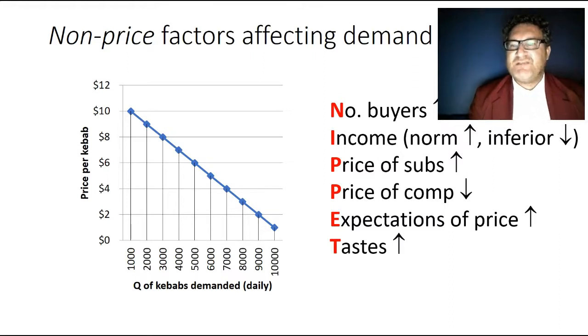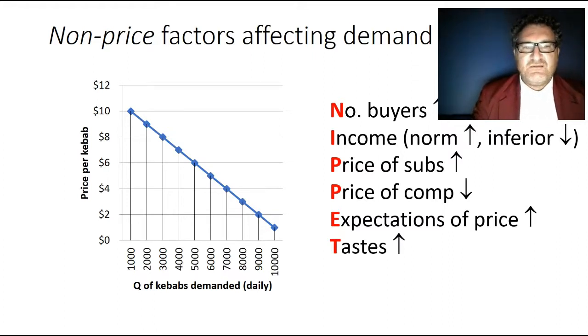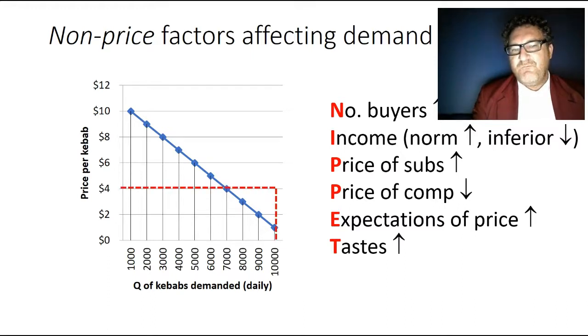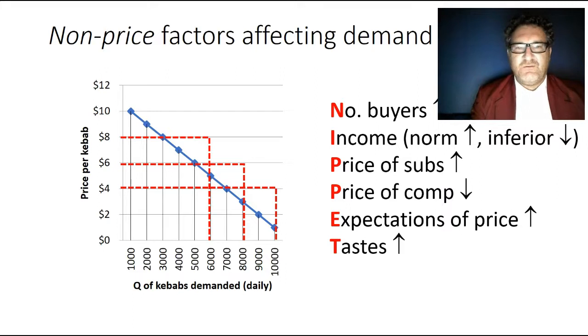So how do we represent that graphically? Well, if the price were $4, they'd buy more than they were willing and able to purchase before. If the price was $6, they'd be willing and able to purchase more than they did before. If the price were $8, they'd be willing and able to purchase more than they did before.